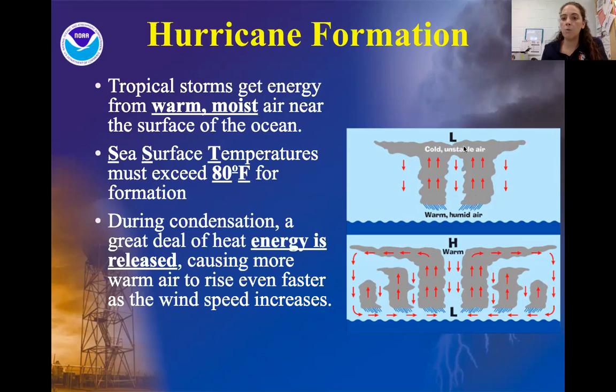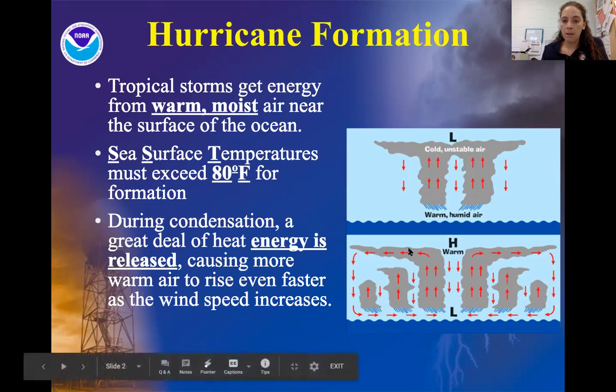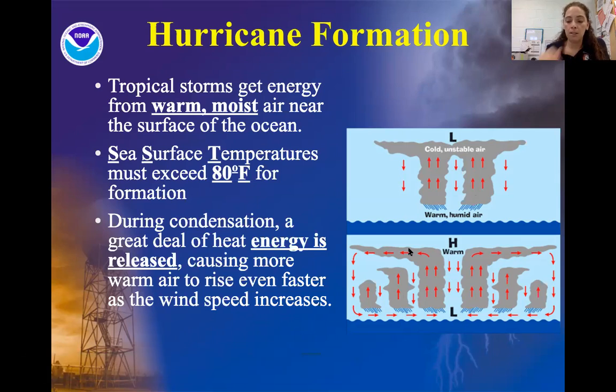That heat energy warms the atmosphere in that area. And with the warm air, there becomes more evaporation. And this continues to feed in a positive feedback loop, getting bigger and bigger, and the wind speeds increase faster. Wind speeds, remember, are a result of differing temperatures, and it's colder outside the storm than it is inside of the storm.